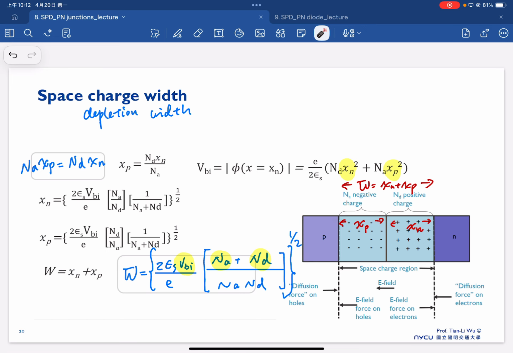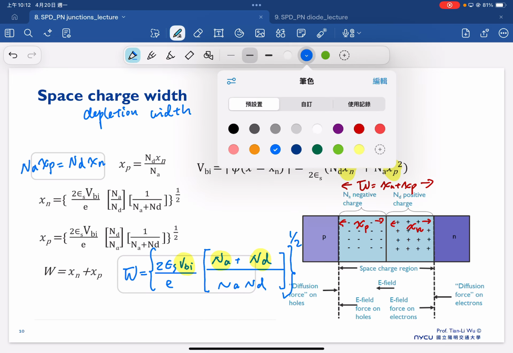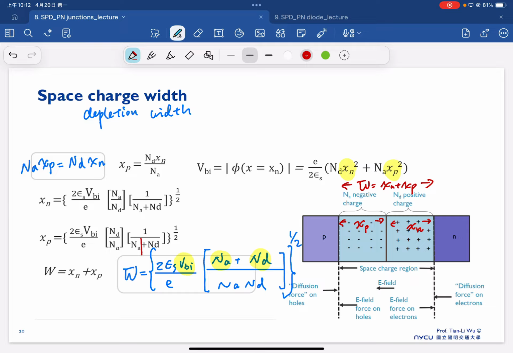So as you can see here, if we have higher P-type doping, basically we will have a smaller depletion width Xp.